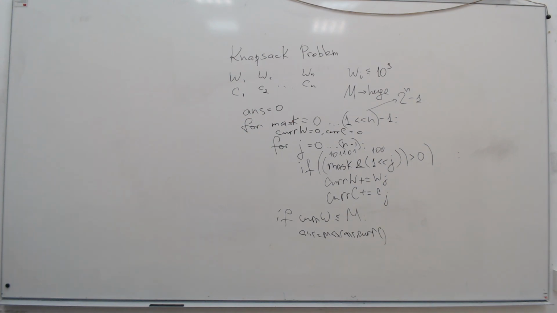Typically you can transfer the mask to a binary string and get everything you want. You just go over the string and check whether the corresponding character is 1 or 0. You can do that. Was this a question? No, it's okay, sorry.